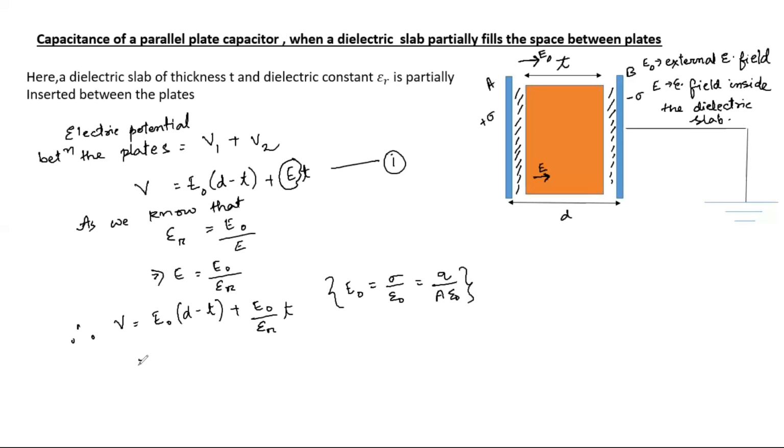If you take E naught common, you have (d minus t) plus t by the dielectric constant. This is my net electric potential.